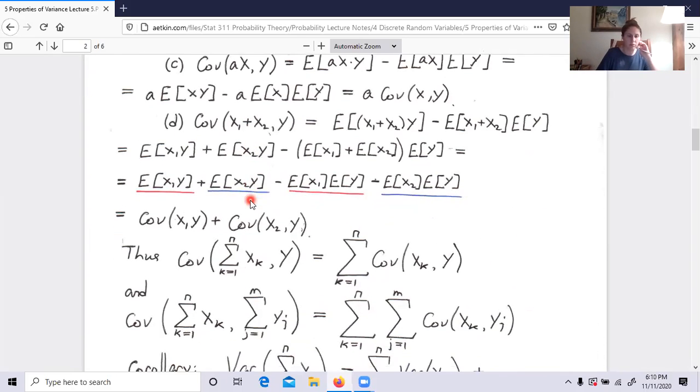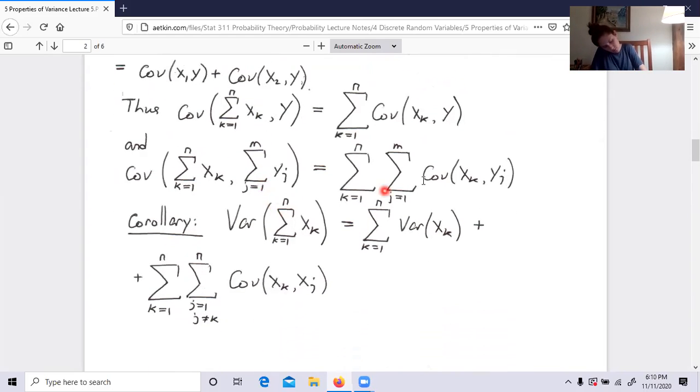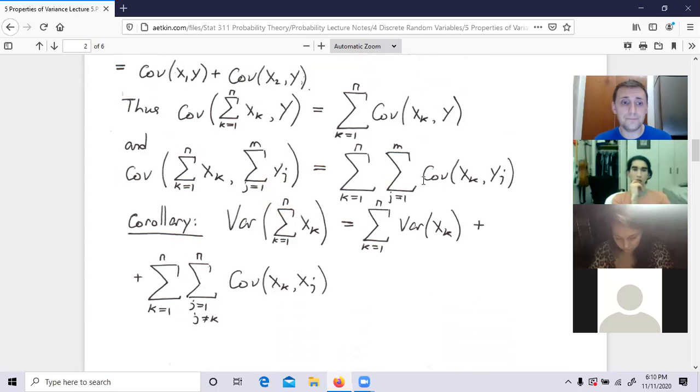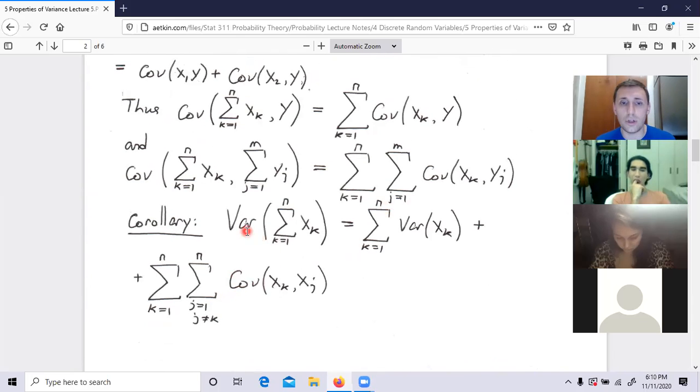For variance, I use x minus mu times x minus mu, the same variable here. Good? So this is then the corollary, that variance of the summation, when I expand it, is going to be covariance of each individual pair.